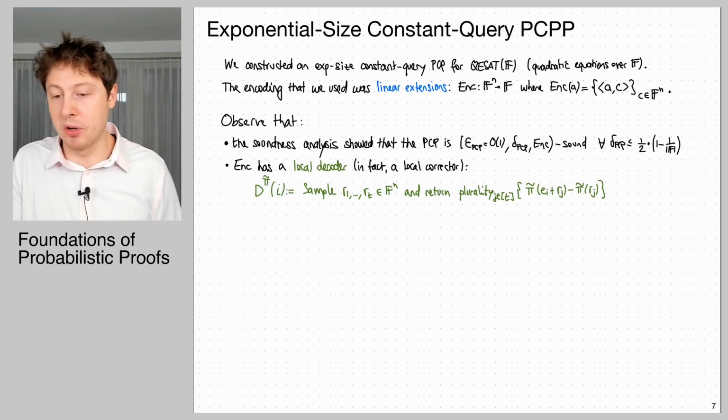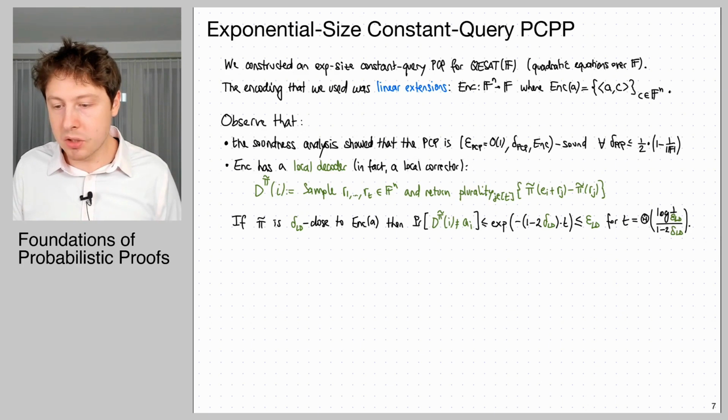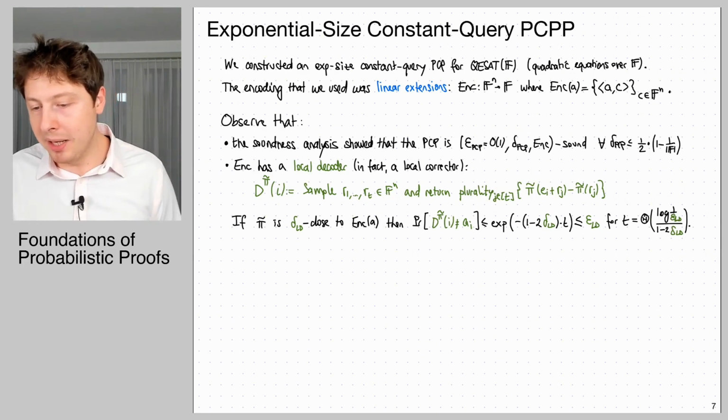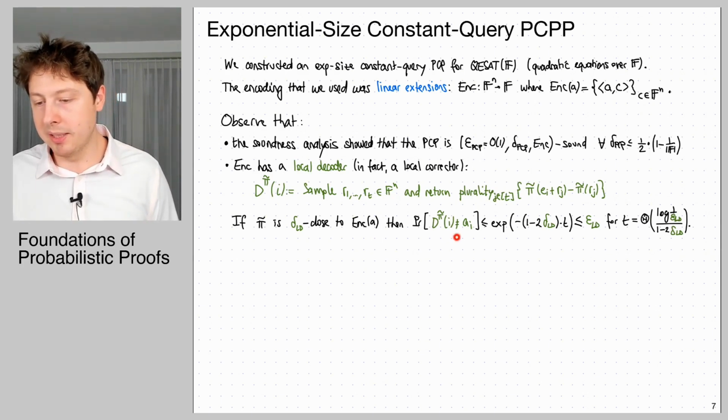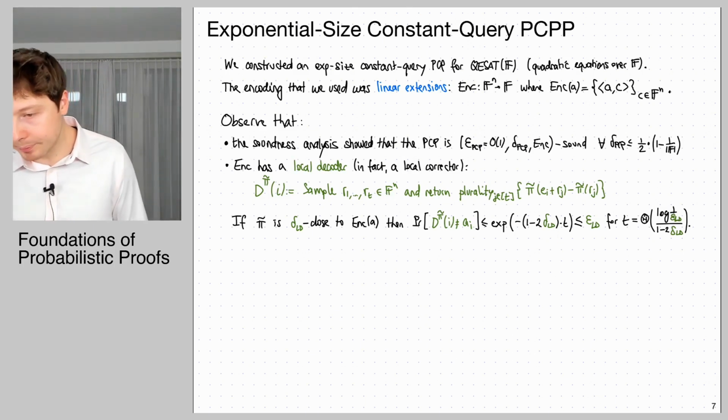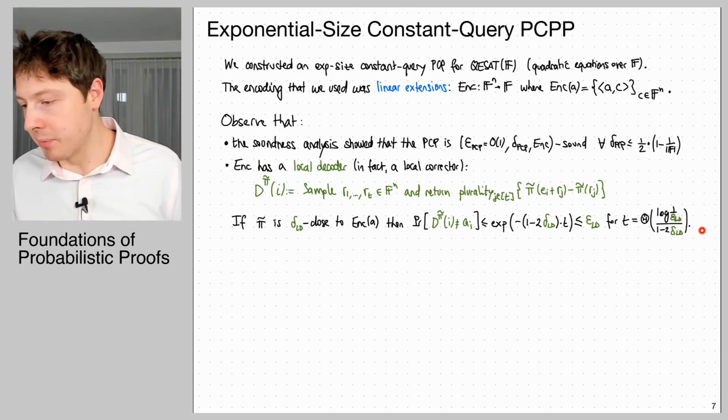And it's going to concentrate exponentially fast around that. So in particular, if pi tilde is delta LD close to some enc of A, then the probability that this decoder says the wrong answer is bounded from above by this. Now I'm using the Chernoff bound. And again, you have some similar expression.